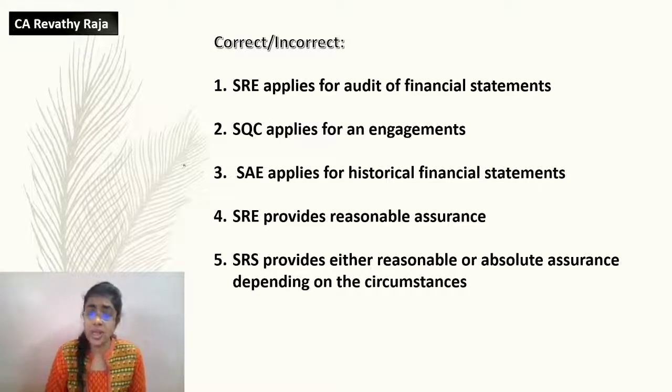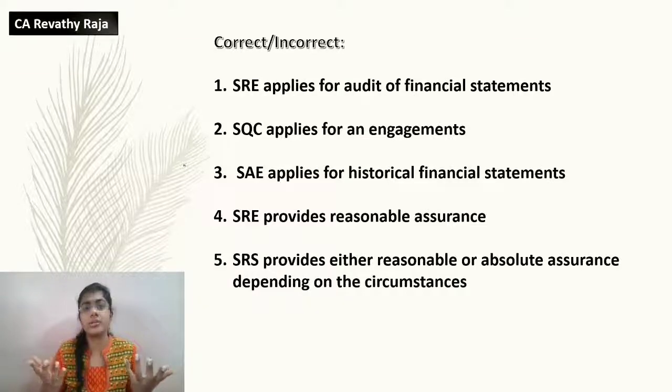SRS provides either reasonable or absolute assurance depending upon circumstance. Answer is again incorrect because in SRS you are doing related services where you don't give any kind of assurance. Neither reasonable nor absolute nor moderate. Clear?